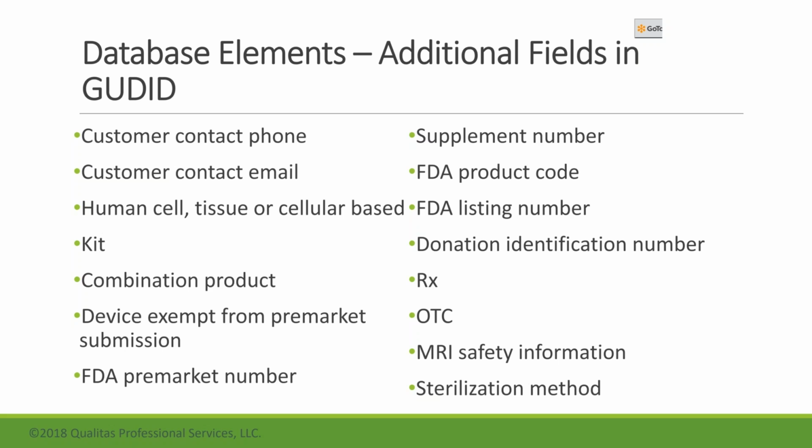The GS1 general specifications go into a lot of detail about when you need to change the DI. The FDA also has some excellent information on their website related to the GUDID elements, and it will tell you exactly, if an element is changed, whether a new DI is required or not.